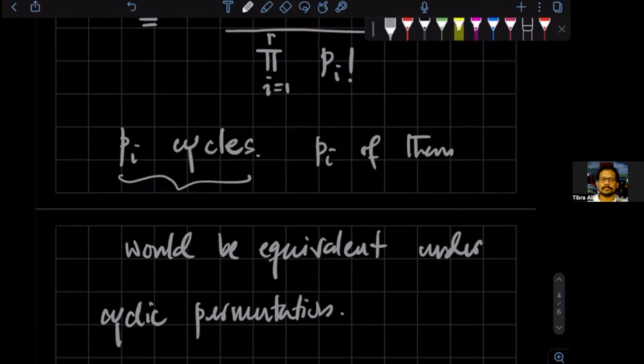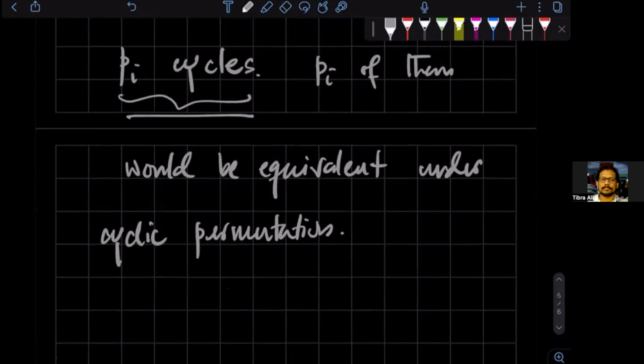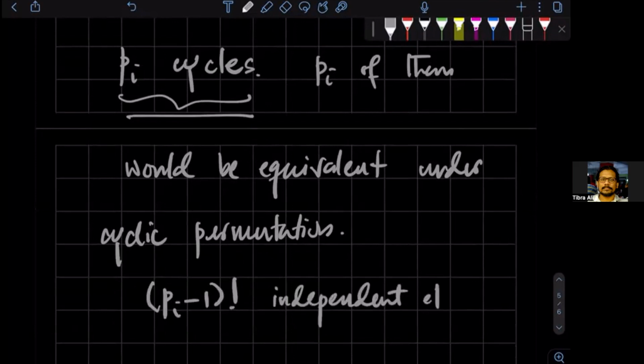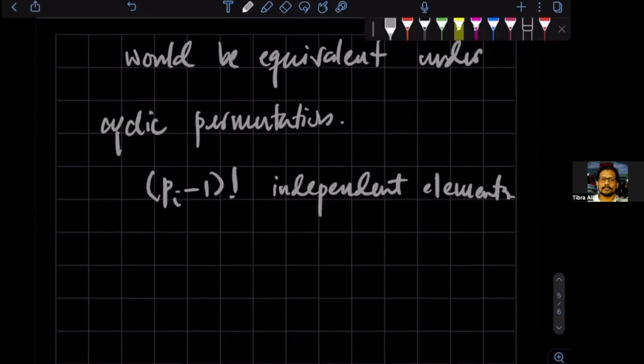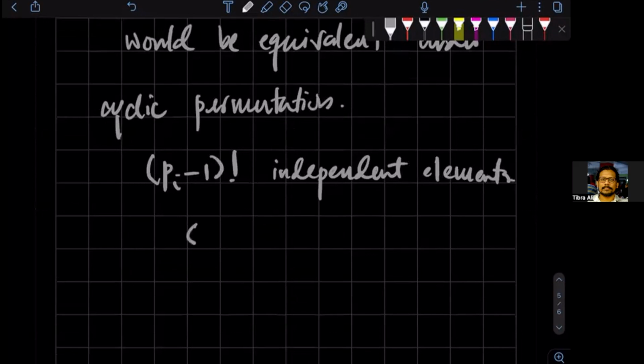Okay, so that means that for each Pi cycle, we are going to have Pi minus 1 factorial independent elements. So what do I mean by this? Suppose I take a 4-cycle, say 1, 2, 3, 4.